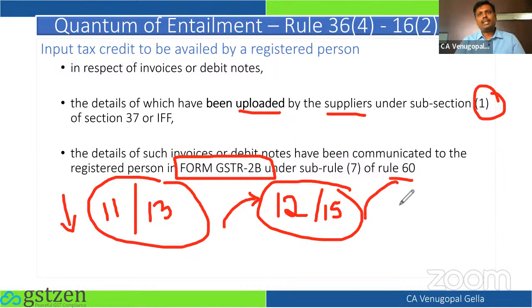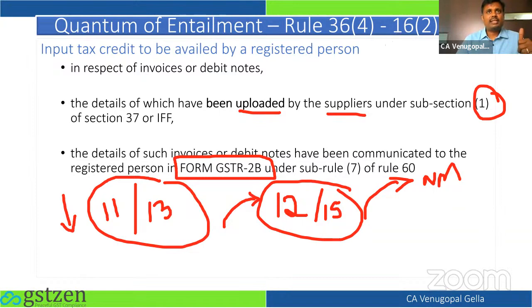It will be available in the next month. So one can take the credit in 3B only in the next month, even though the details are there in GSTR 2A and the invoice has been received.